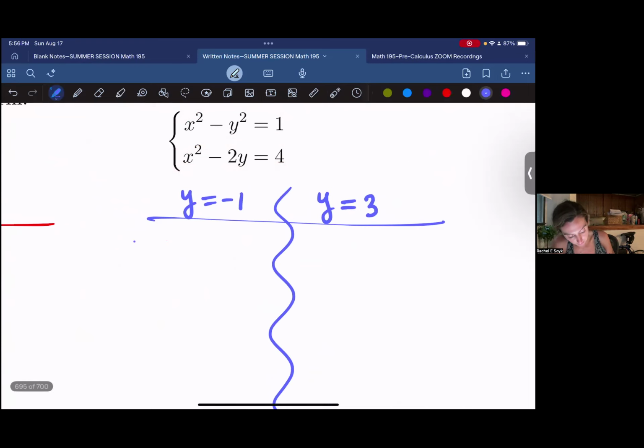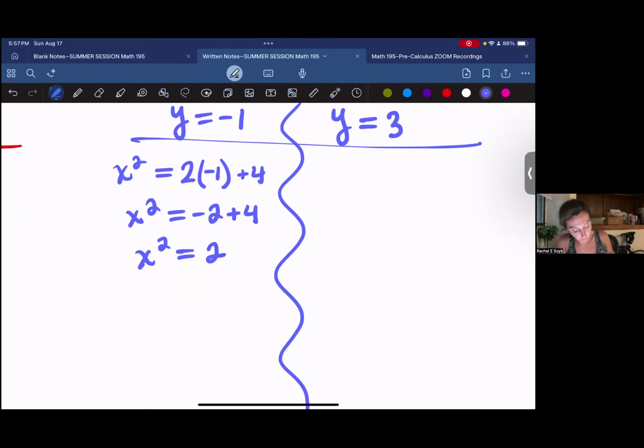And so we have x squared is equal to, I'm going to bring that 2y over to the right-hand side. So 2, and our y is negative 1, plus 4, which tells us that we have x squared is equal to negative 2 plus 4. So x squared is equal to just 2.